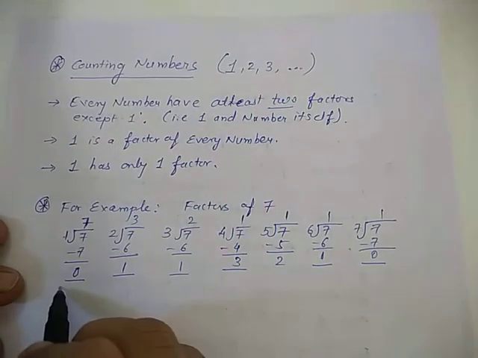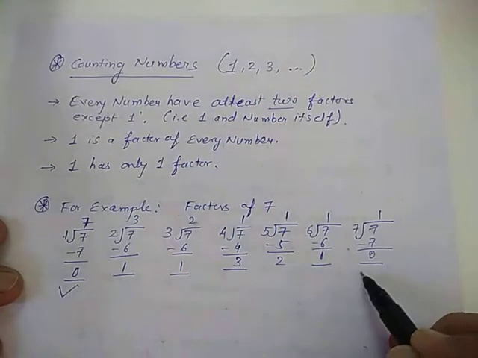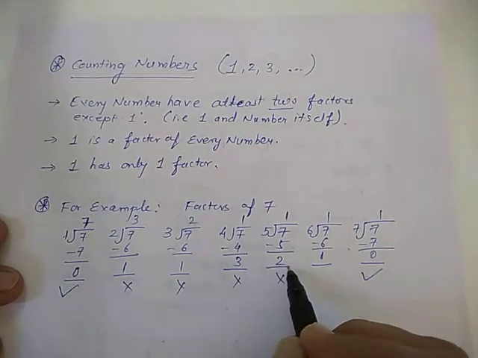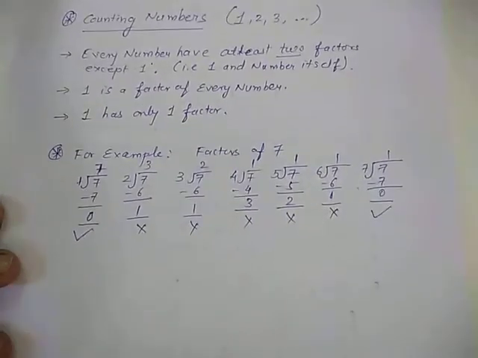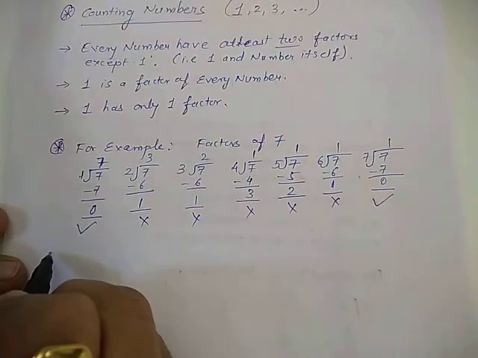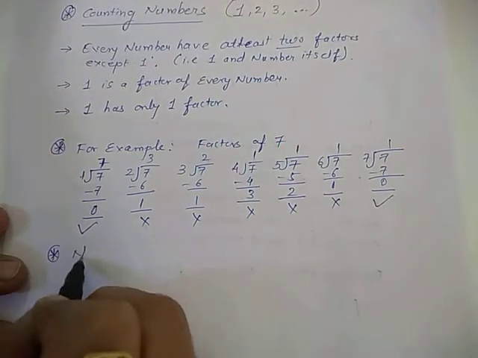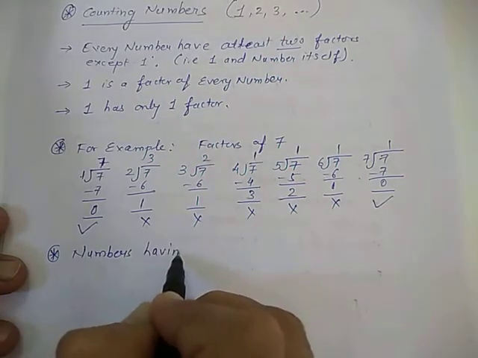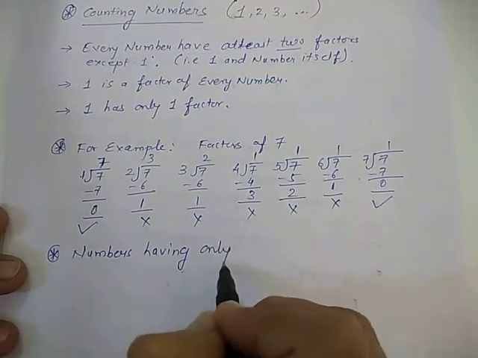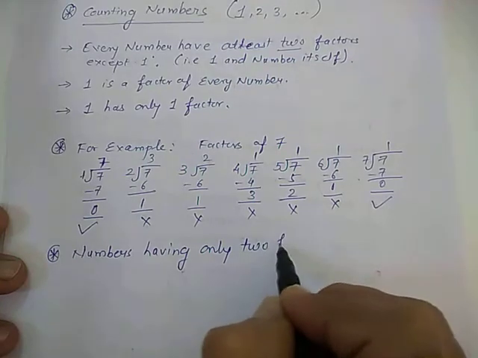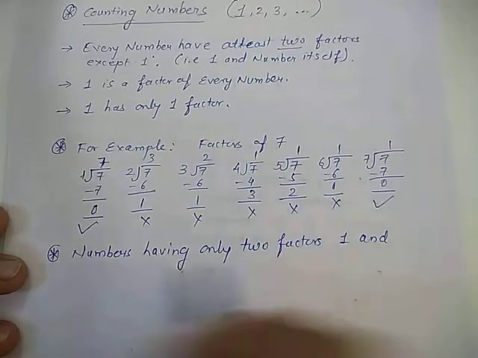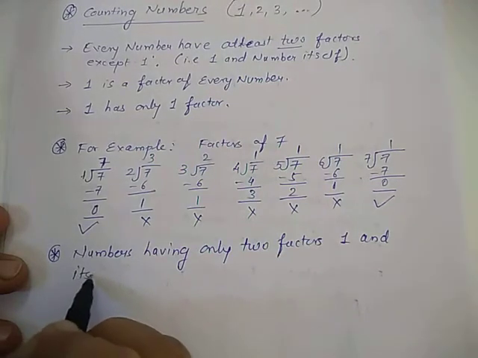So here sometimes you will find only two factors possible. So there may be such numbers having only two factors. That type of numbers, having only two factors, which are they? 1 and itself.